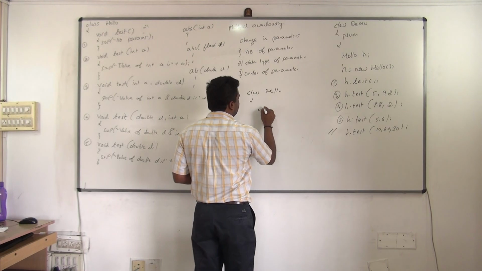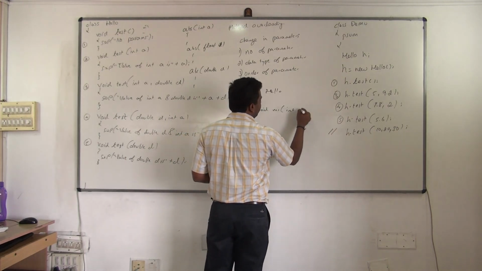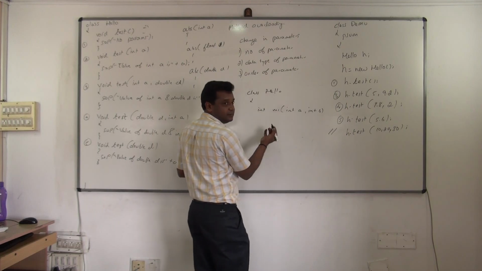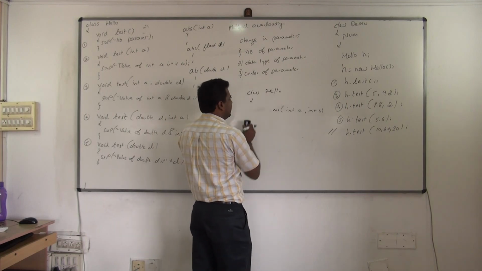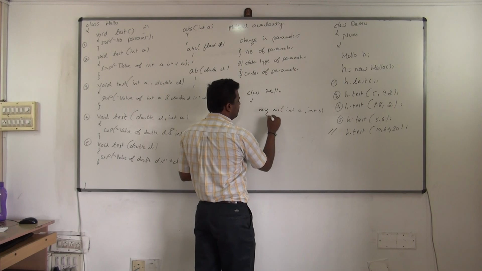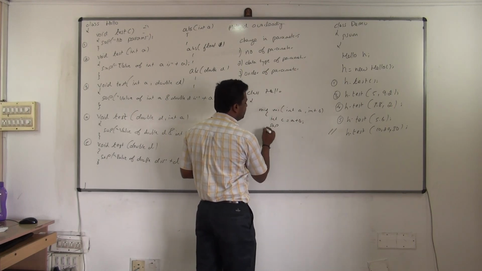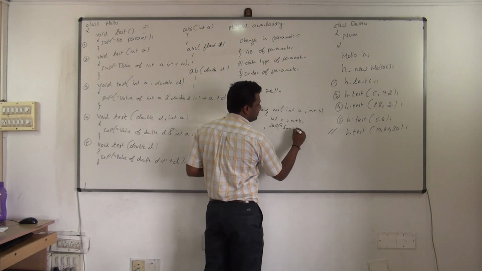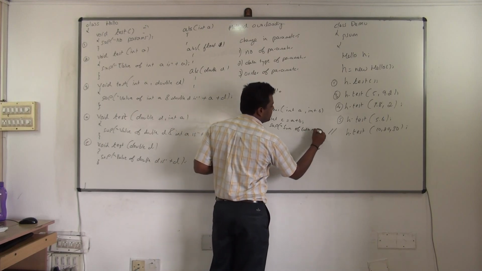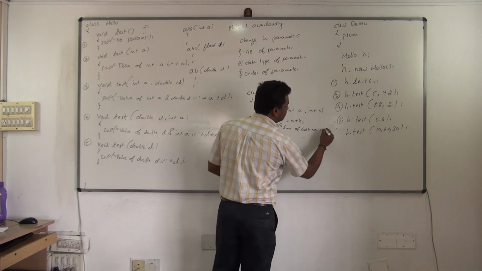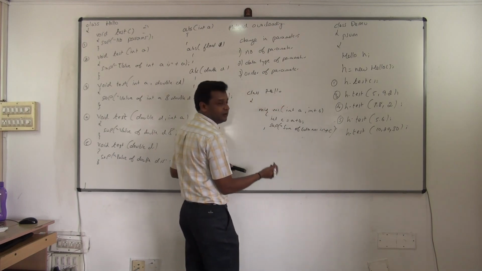One option is you want to add 2 numbers, so int A, int B. You will have a return type, definitely, but whether you have it or not is secondary now; we'll make it void only. Int C is equal to A plus B, and you can print SOP, sum of both numbers is plus C. You can print it, not an issue.